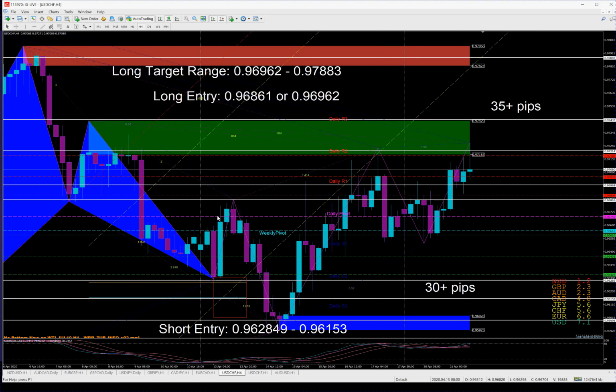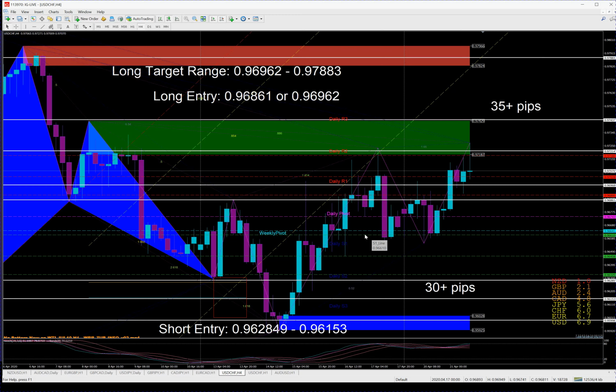Last week we were in a pretty heavy consolidation period until we finally had that break on the 16th. Here price retraced down just a little and then went up.